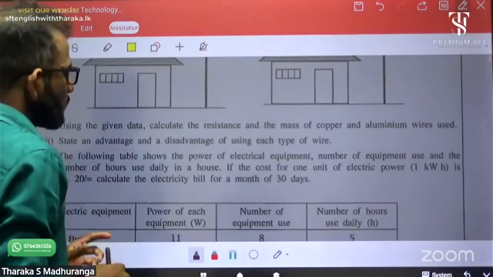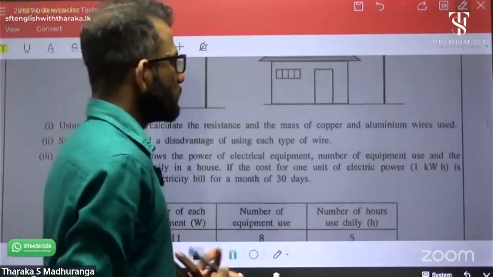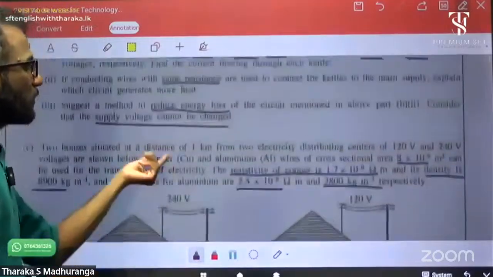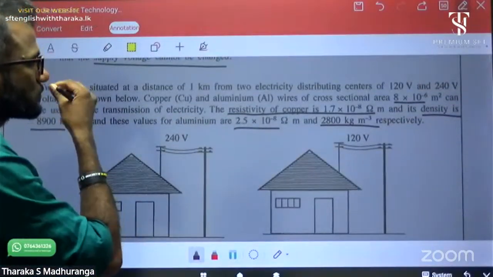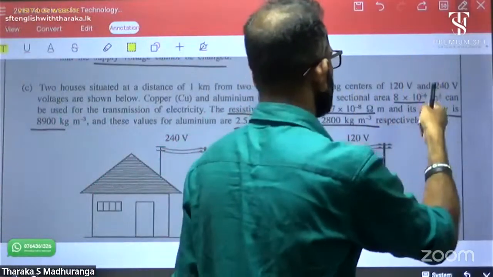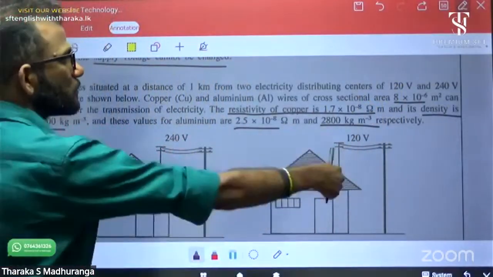Using the given data, calculate the resistance and mass of the copper and aluminium wires used. Now think: the houses are 1 kilometer from the electricity distribution centers of 120 and 240. This is the first one, 240 this one.